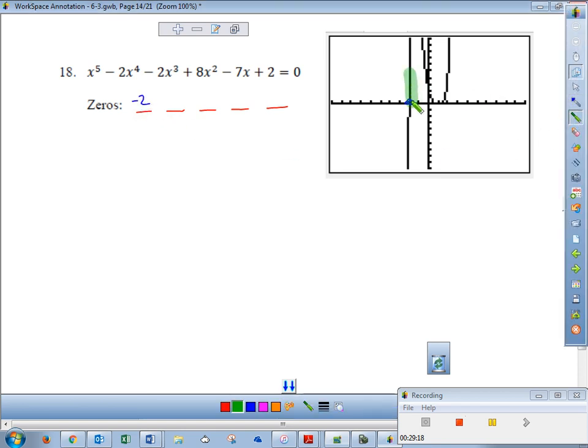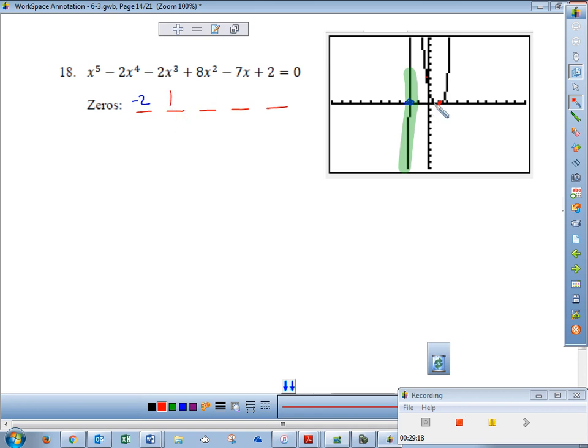Question. Any multiplicity on that since it crosses the x-axis? Any multiplicity? No. Over here, looks like maybe right here at 1. There's a root there. 1 turned out to be a root.